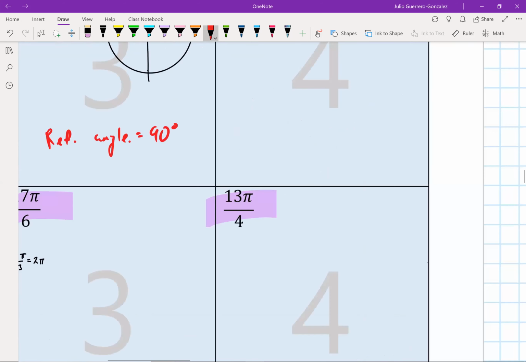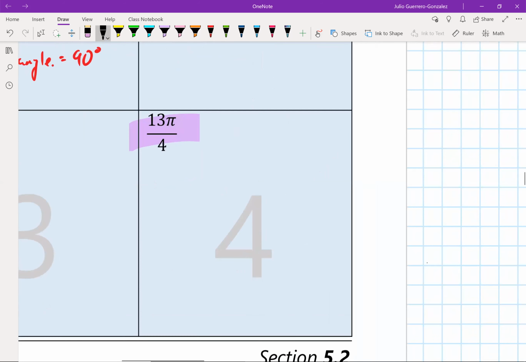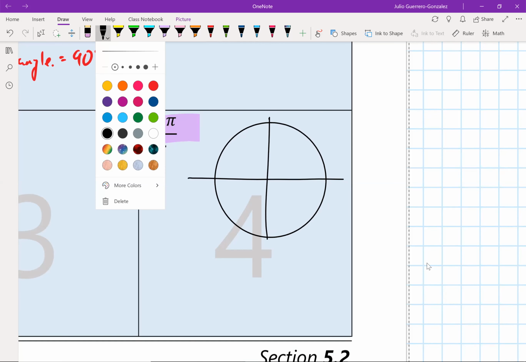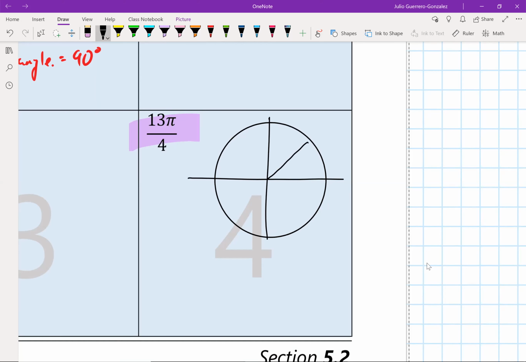Okay. And the last one, 13 pi over 4. This one's a little simpler. We don't have to do over 6 or over 3 in this case. These are nice little quarters. So this is pi over 4, 2 pi over 4, 3 pi over 4, 4 pi over 4, which reduces down to just 1 pi.